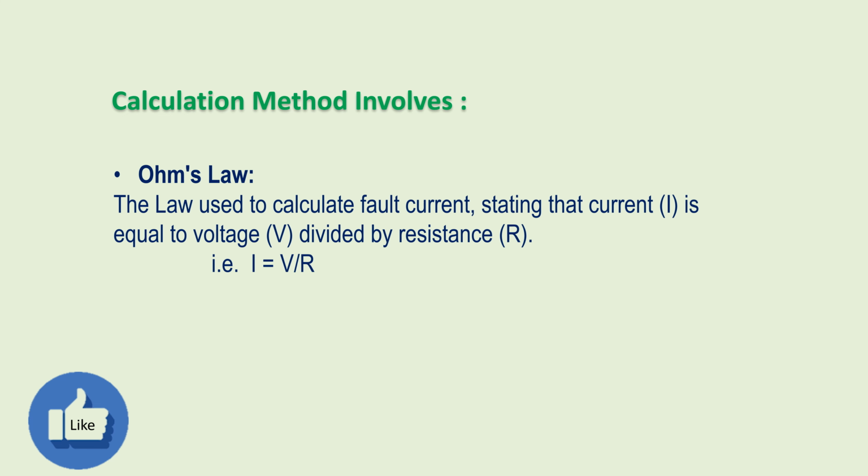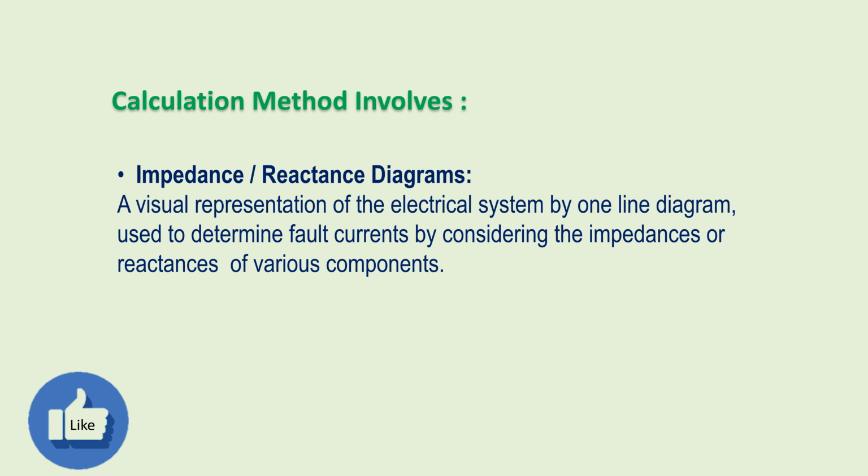Ohm's law is the law used to calculate fault current, stating the current I is equal to voltage V divided by resistance R, that is I equals V by R. Impedance or reactance diagrams are a visual representation of the electrical system by one line diagram, used to determine fault currents by considering the impedances or reactances of various components.